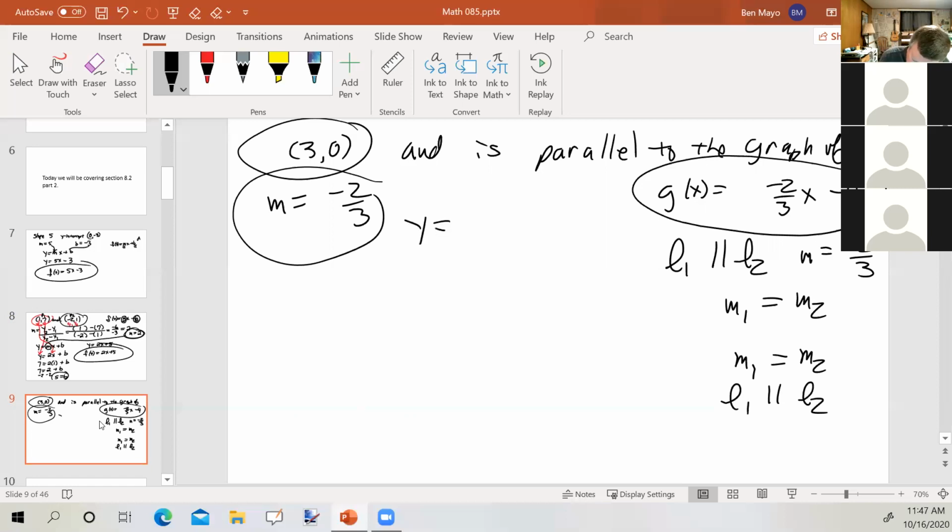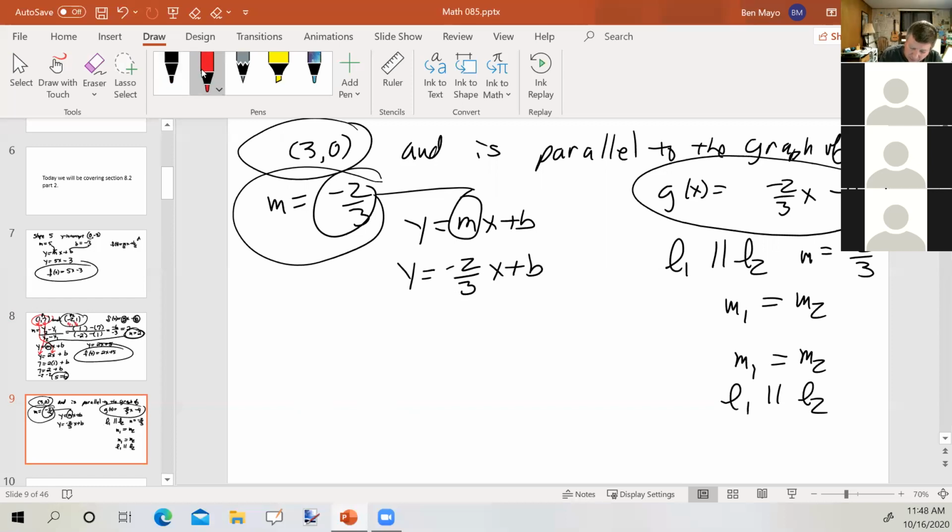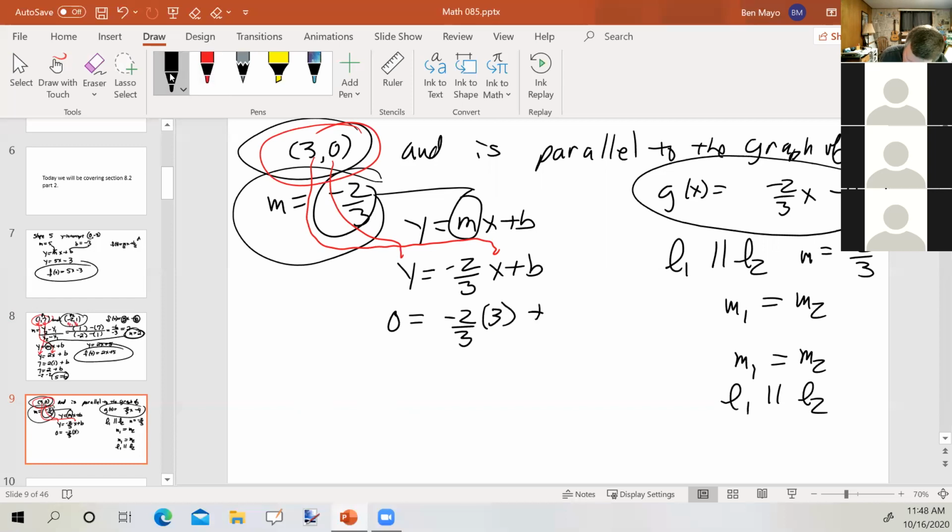So now I've got y equals mx plus b. M goes there. Y equals -2/3 x plus b. Just like I did previously, I can take this ordered pair and let x equal 3 and y equals 0. So now I've got 0 equals -2/3 times 3 plus b.